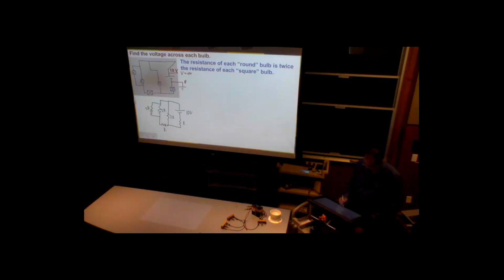So what do I see? I see I can simplify the circuit to what?